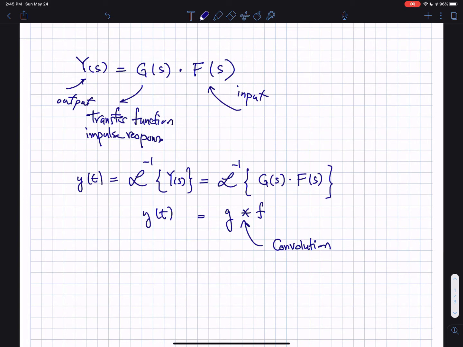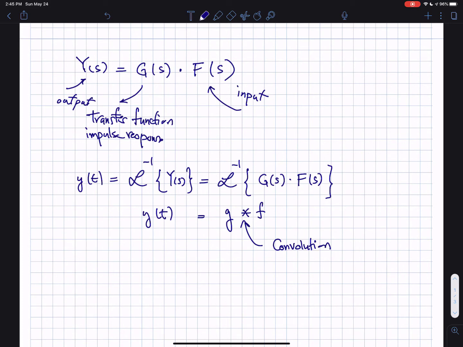So I need to figure out an example here so we could actually see what's happening. Let's look at a simple first order differential equation, something we could all see very simply, because the mathematics of the differential equation here doesn't matter. I just want you to see the existence of convolution and how it shows itself in solutions of differential equations.